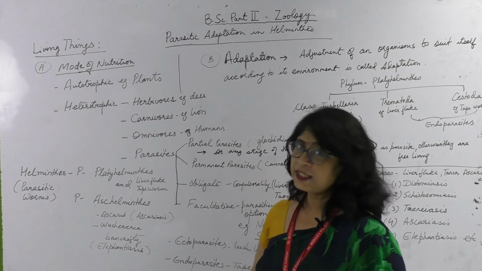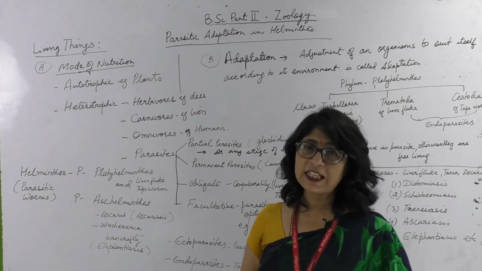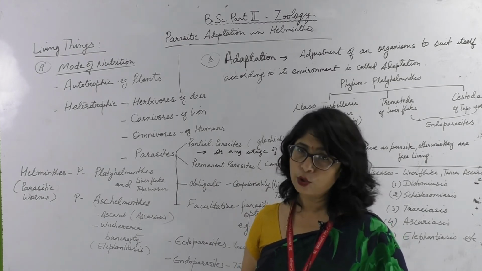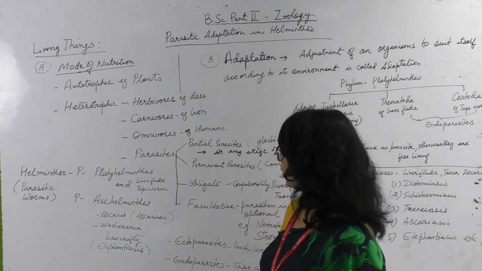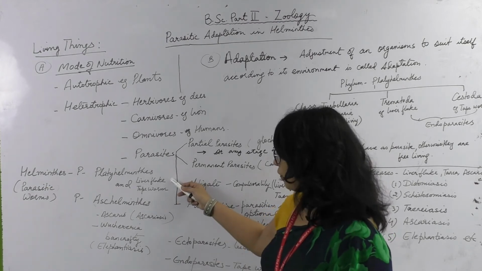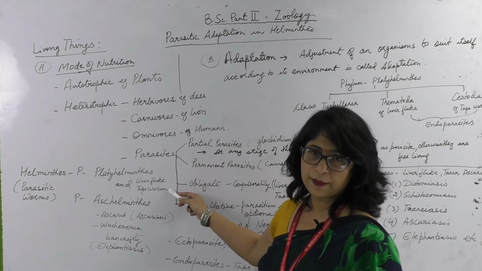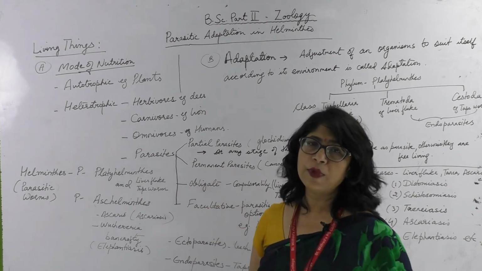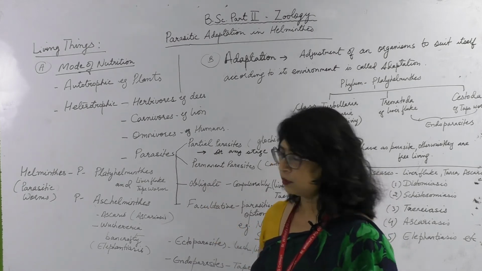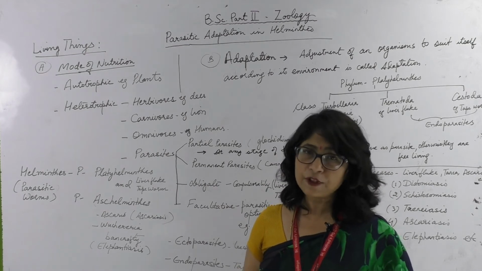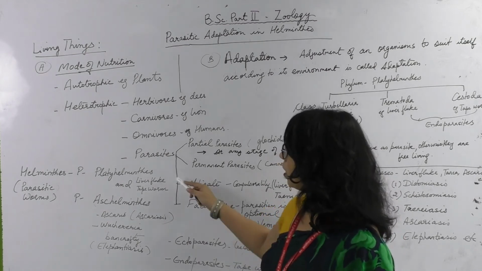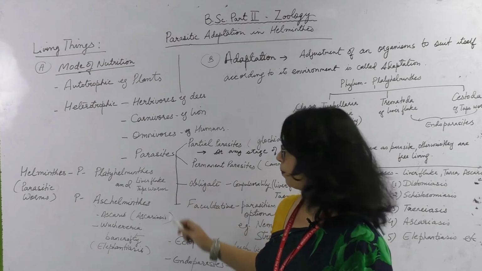So these animals are characteristically leaf-like. They are dorso-ventrally flattened. It includes liver fluke, tapeworm, and so many other helminths, but the emphasis I am giving is on liver fluke and tapeworm.